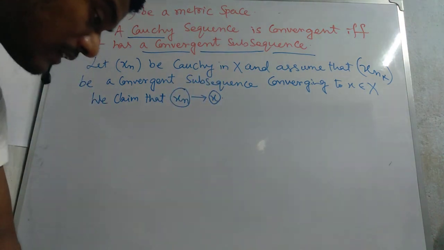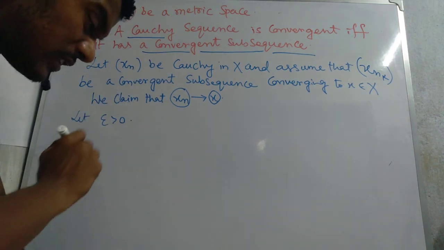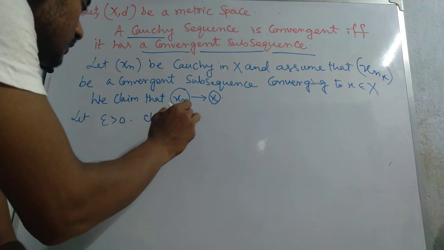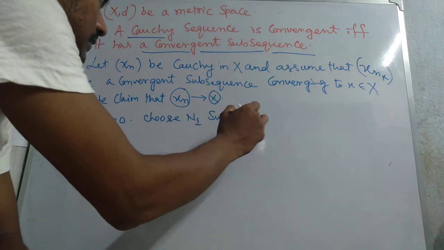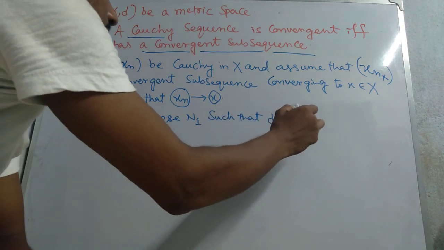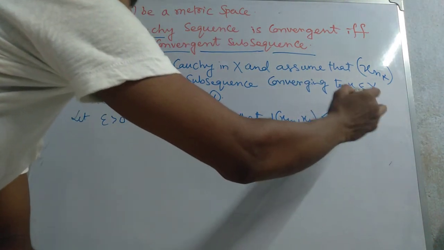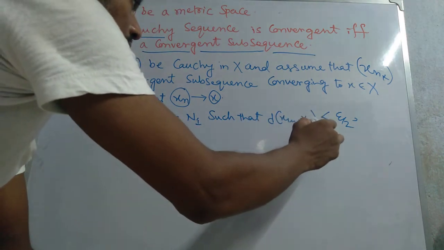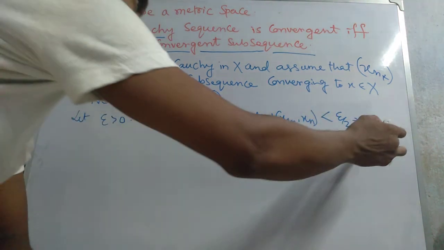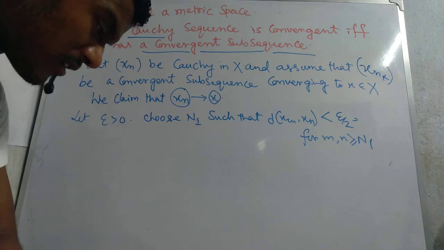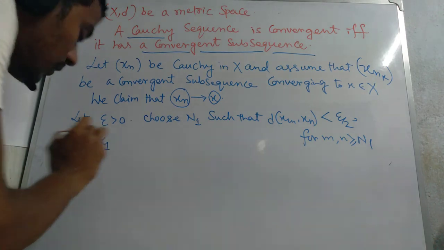How do we show that? First, let epsilon be greater than 0. Then choose n1 such that d of xn, xm is less than epsilon by 2 for m, n greater than or equal to n1. Now take k greater than or equal to k1.